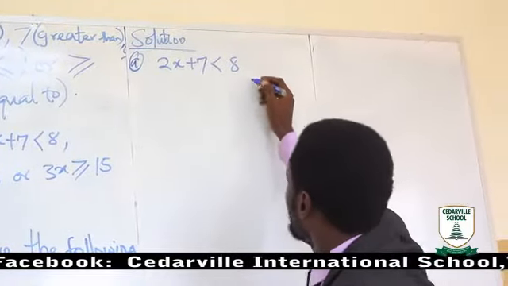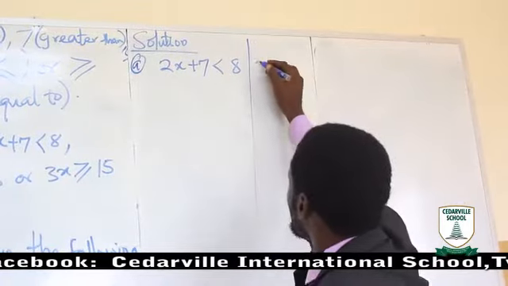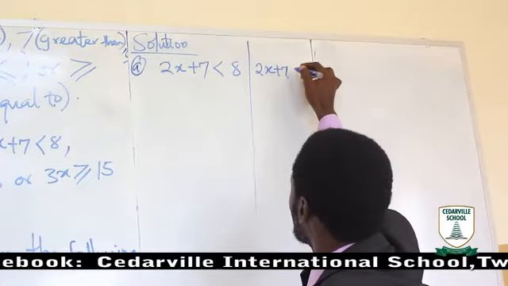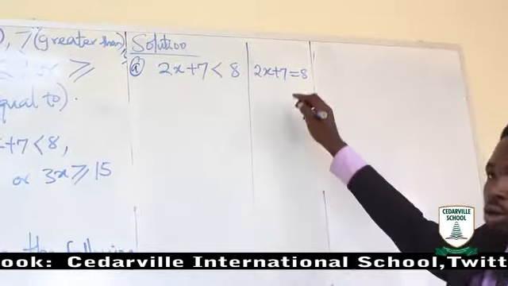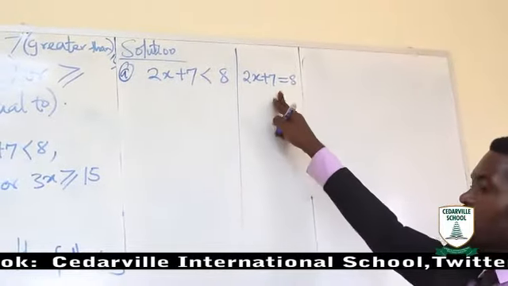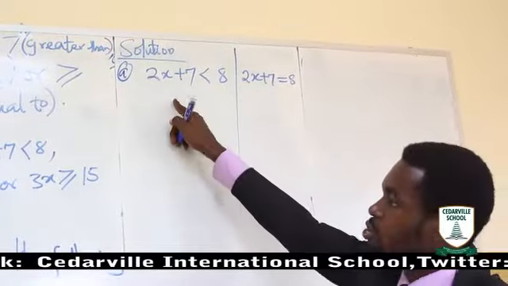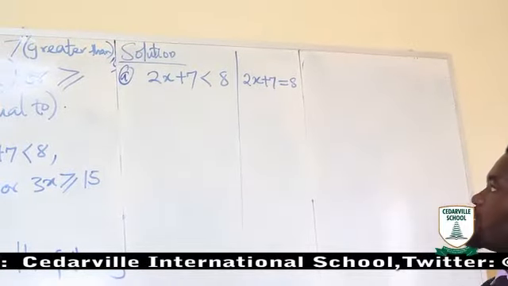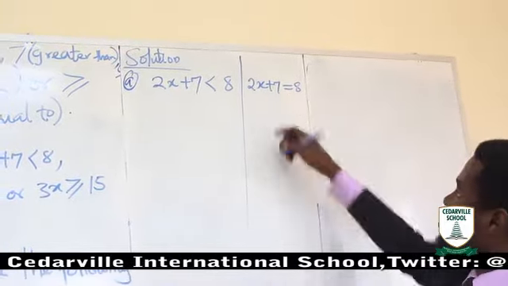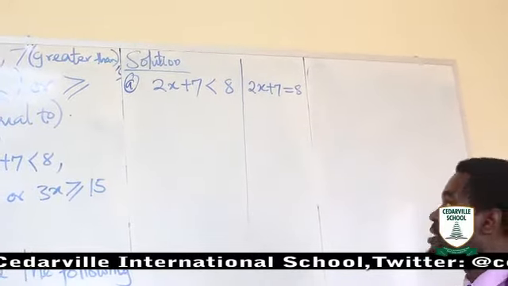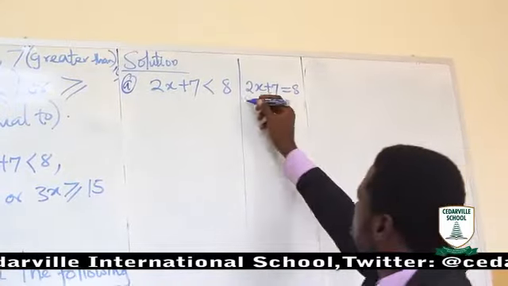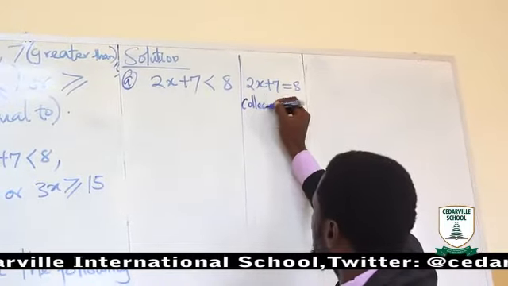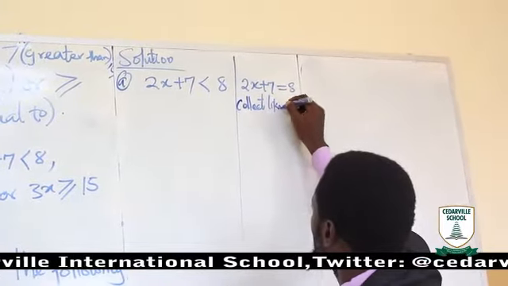So if I have at this side 2x plus 7 equals to 8, this is the equation we are all used to. I want us to see the solution to this before we now solve the linear inequality. To solve this, if you remember, what are we going to say first? We collect like terms.